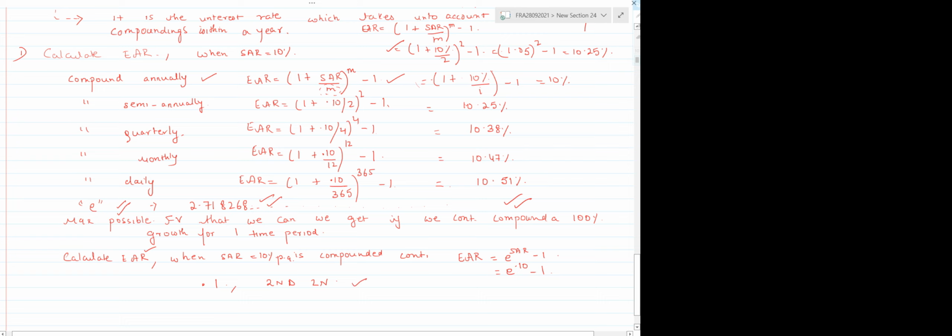What do you get? 1.1052. You deduct 1 from that and you get 0.1052, or 10.52%. So when your stated annual rate of 10% is compounded continuously, your effective annual rate is 10.52%.